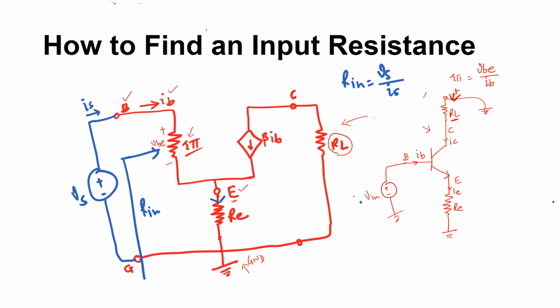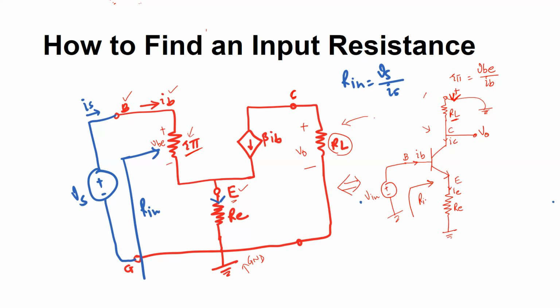So basically, this is a model for this circuit. You can take the output from the collector. If you say this is my output, essentially you say that this is the output right here.